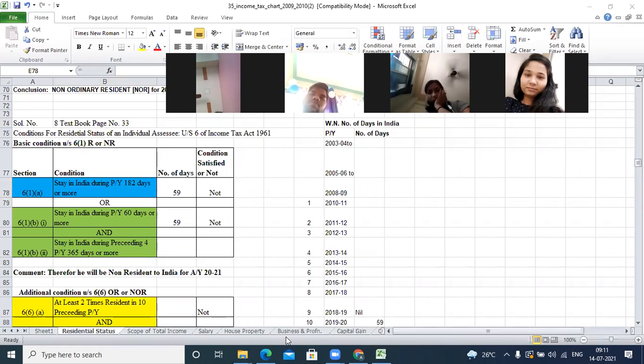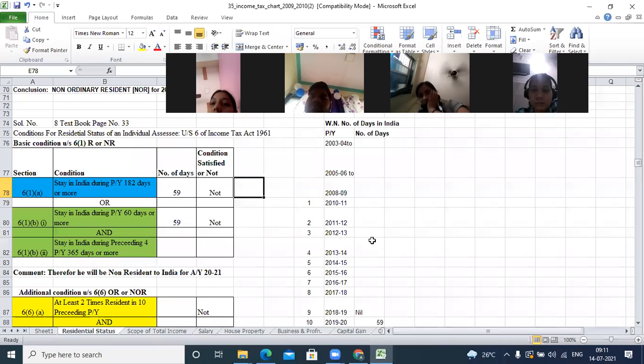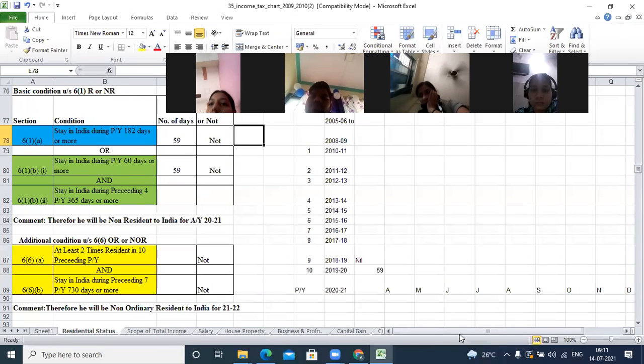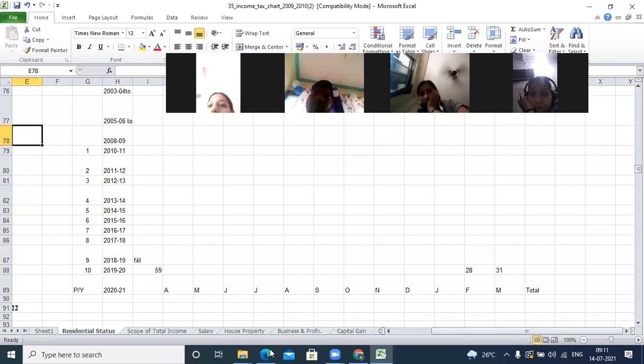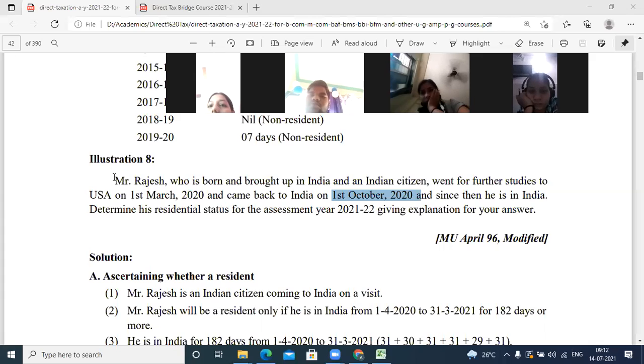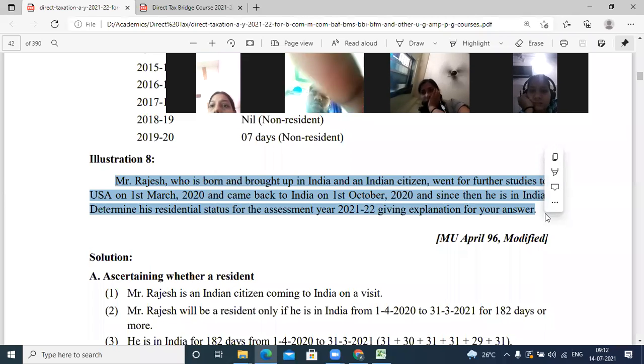How many days? I think we'll start from 1st October. What मुश्किल है तुम लोग के साथ? Yes or no? The problem with you all is, either you are not able to read English, or even reading you are not able to understand English.